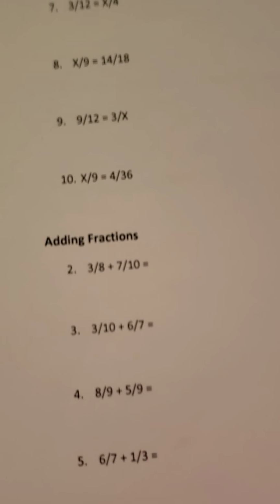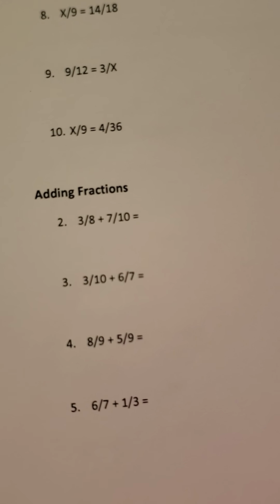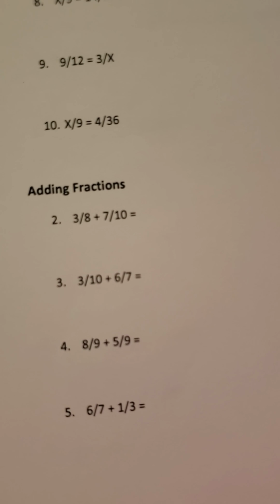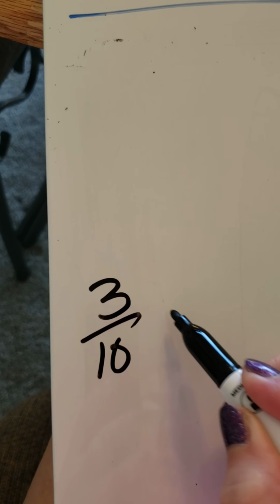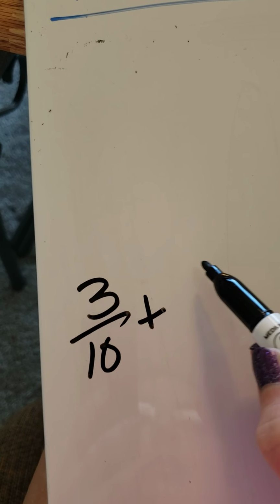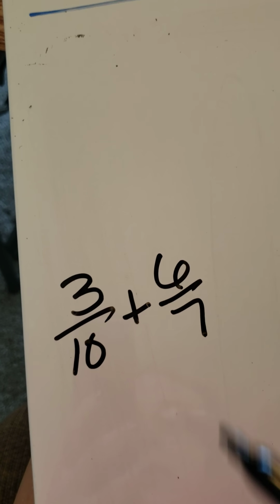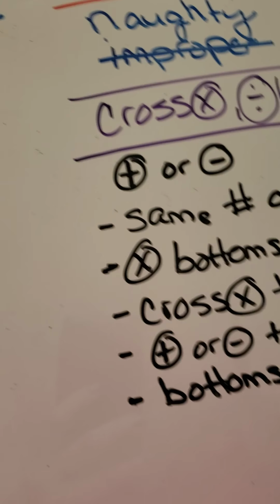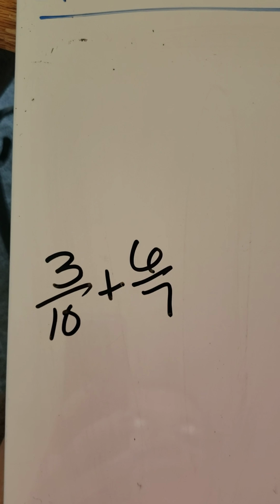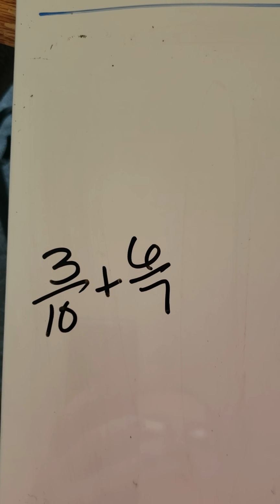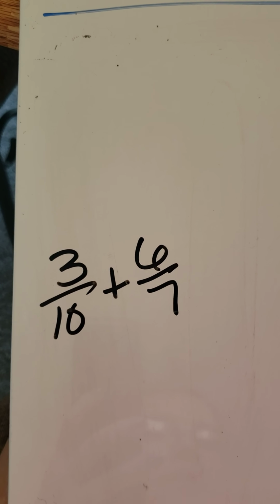All right, let's practice with another one. So number 3 is 3/10 plus 6/7. Okay, step number 1. Same number on the bottom. Do I have the same number on the bottom? No. So we have to get the same number on the bottom.